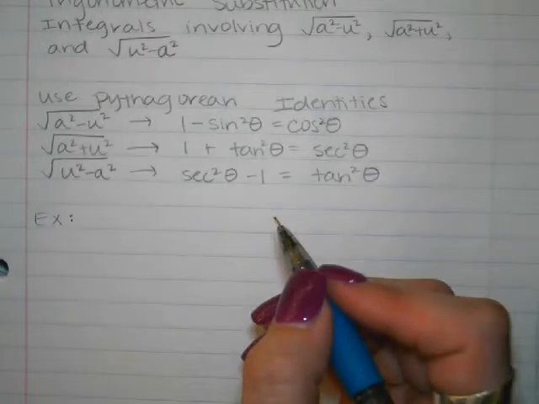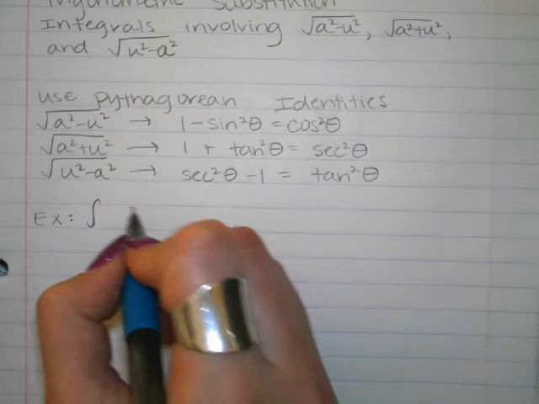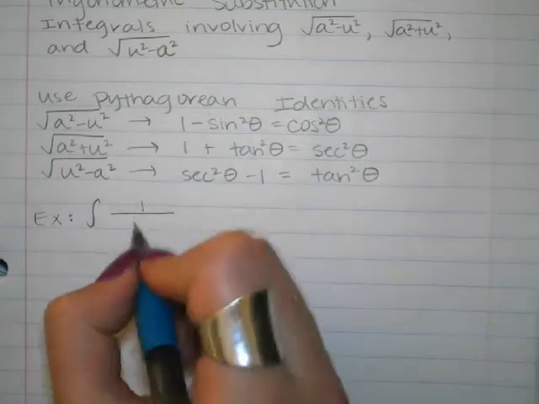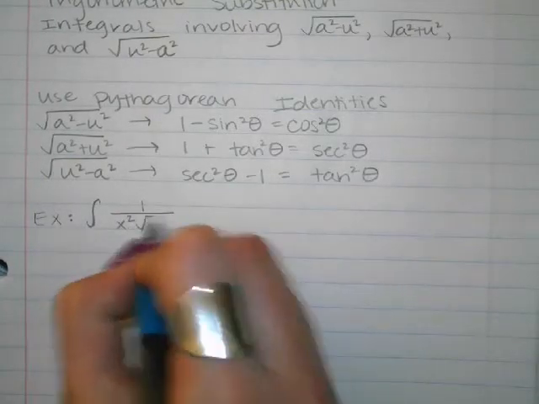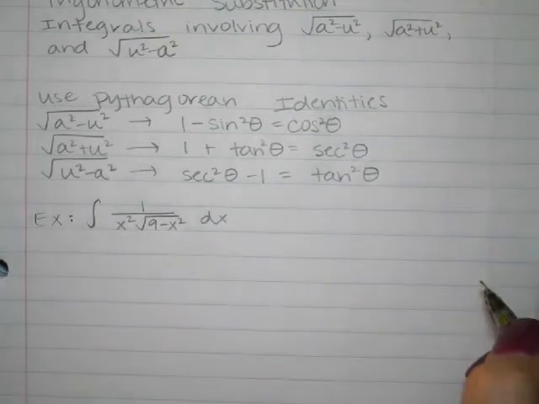All right, so here is our first example. We are going to integrate 1 over x squared times the square root of 9 minus x squared dx.